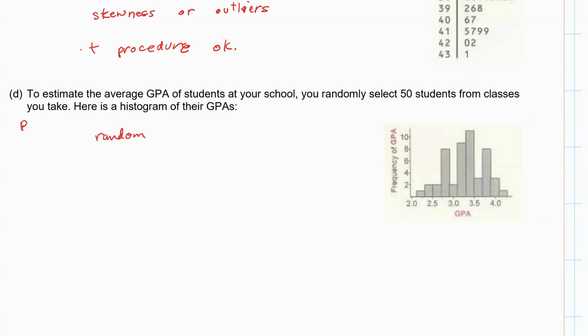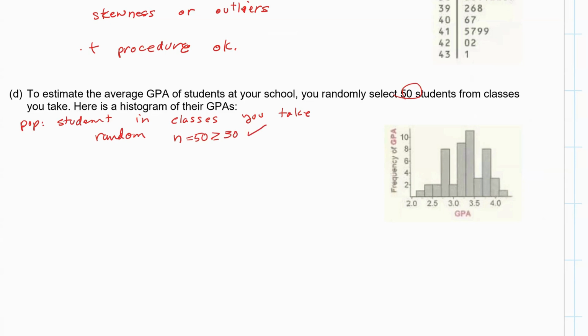So if the population are students in classes you take, then this is a random sample with a size of 50, and 50 is greater than 30.